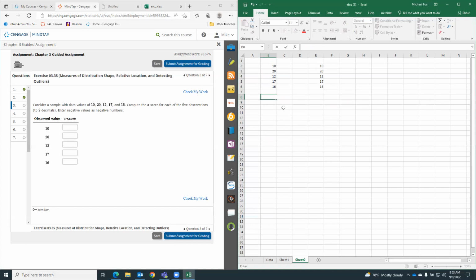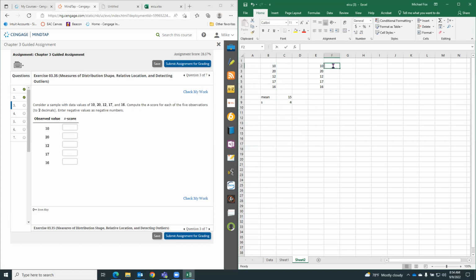So I'm actually going to do that first. I'm going to say this is the average. So there's our mean. And then this is the standard deviation. Again, it's a sample, so it's .S. All right, so now we're ready to use standardize.